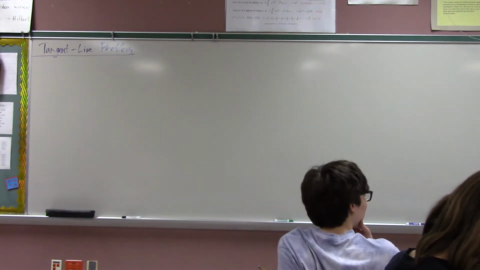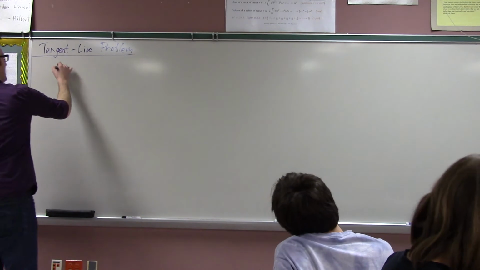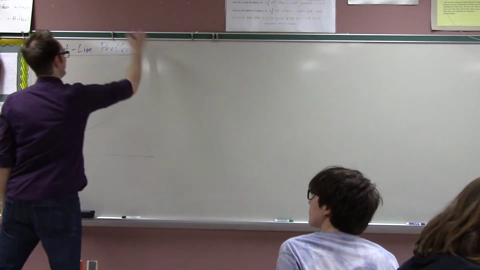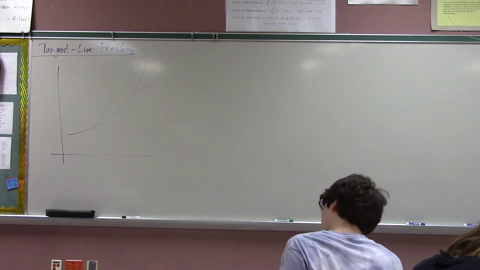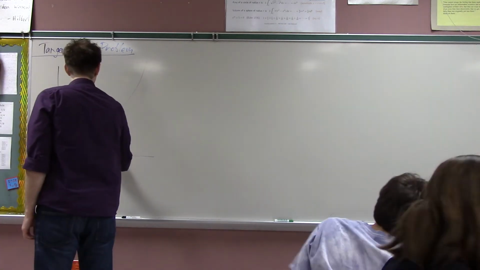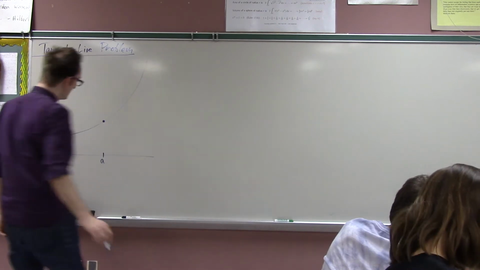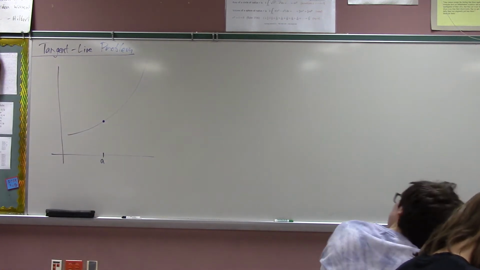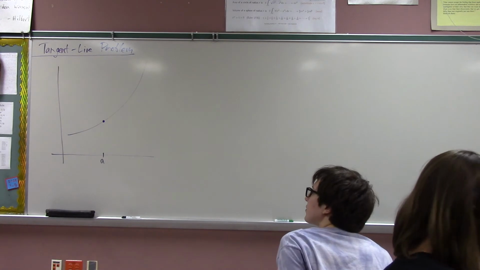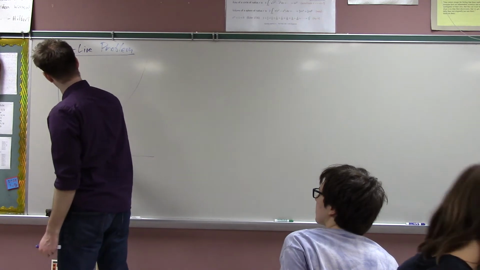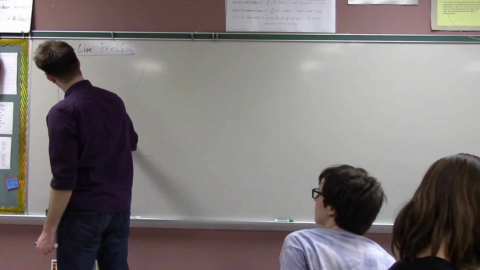The tangent line problem says, given an arbitrary function, given an arbitrary point on that function, let's call that point A, please find the slope of the tangent line to the curve. And the tangent line to the curve is kind of like the one which is sort of doing like this, right?